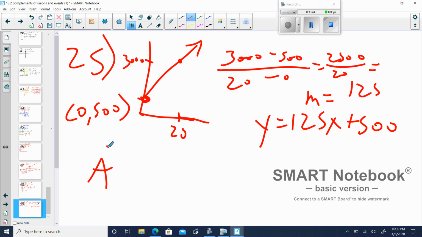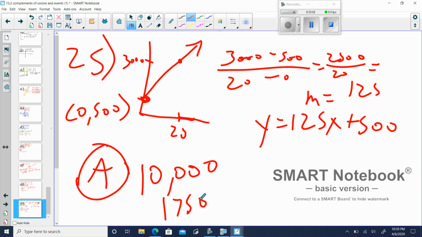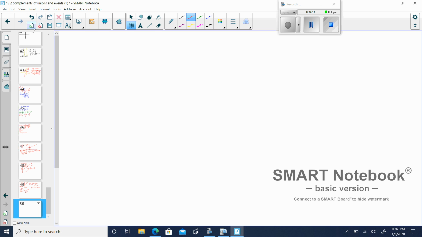A, if she sells $10,000 worth of goods, she's going to earn $1,750. And you actually kind of see that on the graph. You can go over and see that that's about where the 1750 is at. Nothing else makes sense when you look at an equation y equals 125x plus 500.